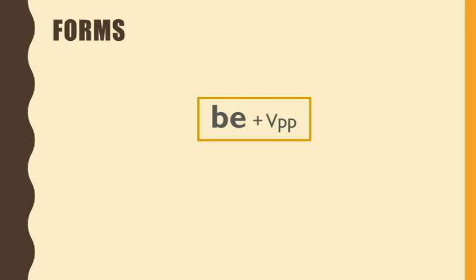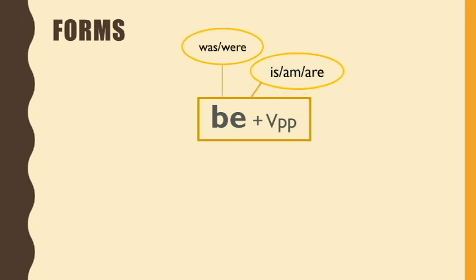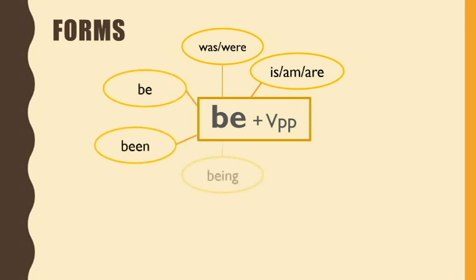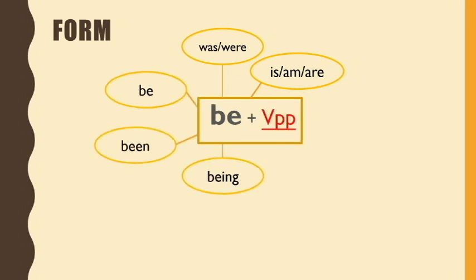Let me give you some tips to remember how to form passive verbs from different tenses easily. First, remember passive verbs are always be plus PP. For example, be could be changed to is, am, are, was, were, be, been, being. Of course, you can't forget VPP.